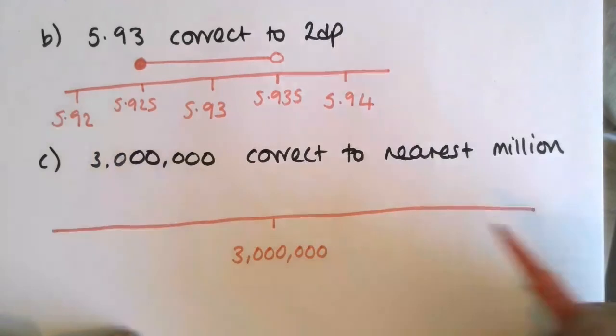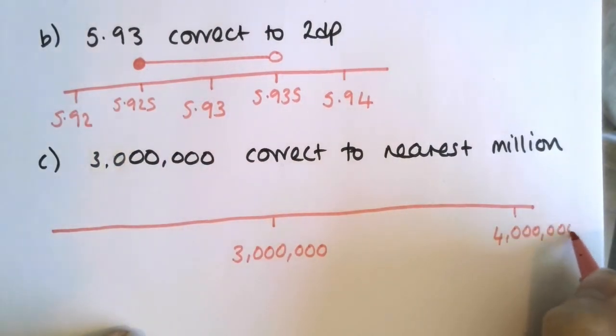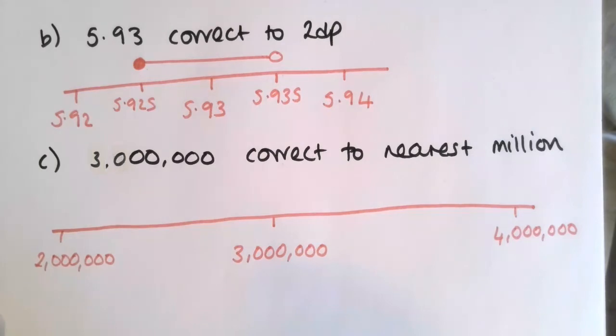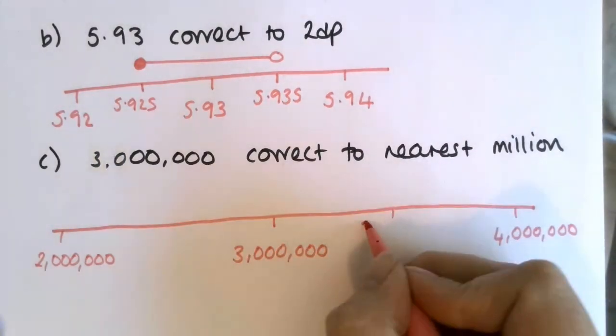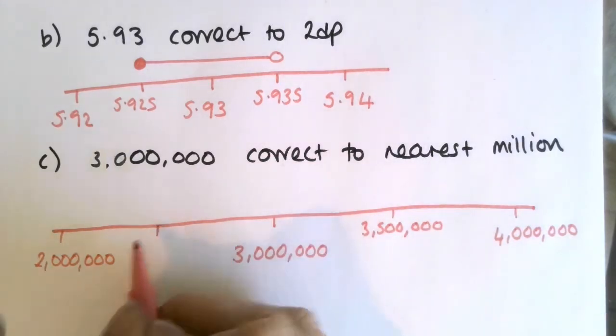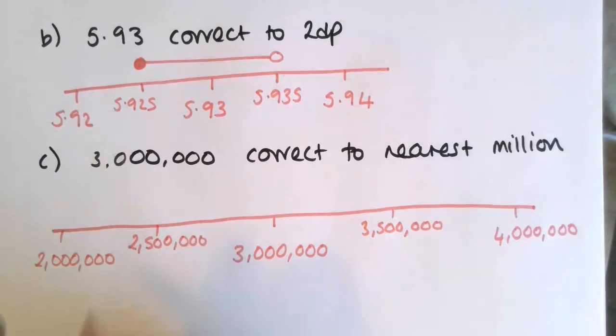So one above is going to be 4 million, and one below is going to be 2 million. Then we go halfway in between. Halfway in between here is 3,500,000. Halfway in between here is 2,500,000. That wasn't too bad actually, that one.